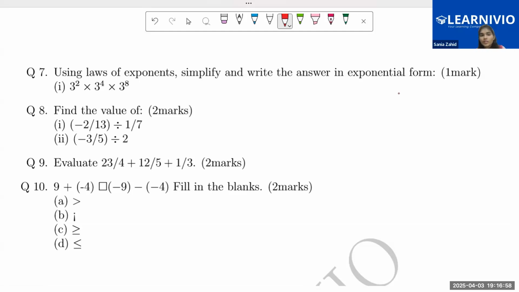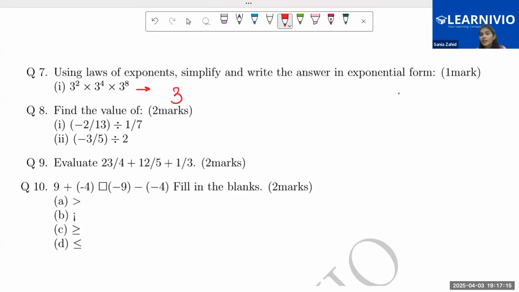Okay, how? Can you tell me the method? It's 3 to the power of 2 plus 4 plus 8, which is equal to 3 to the power of 6 plus 8, which is equal to 3 to the power of 14.